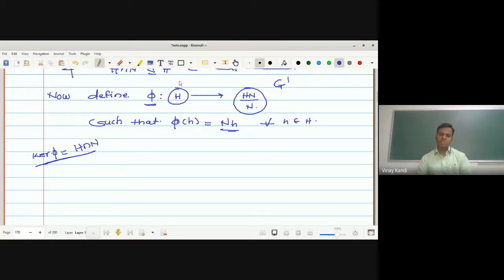Assuming this was G, G by kernel of f is isomorphic to G dash. Then H upon kernel of phi is isomorphic to HN divided by N. And also we have to show that the kernel of phi is equal to H intersection N.